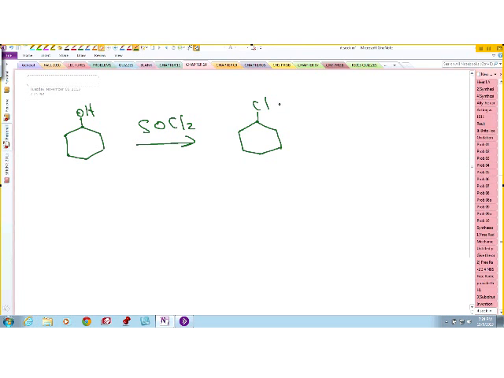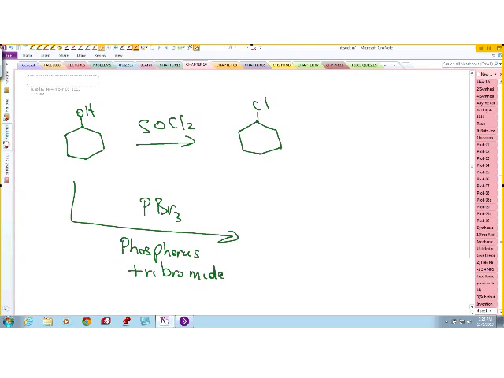Now another reagent that we could also use to form organohalo compounds is phosphorus tribromide. What that does is also replace the OH with bromine.